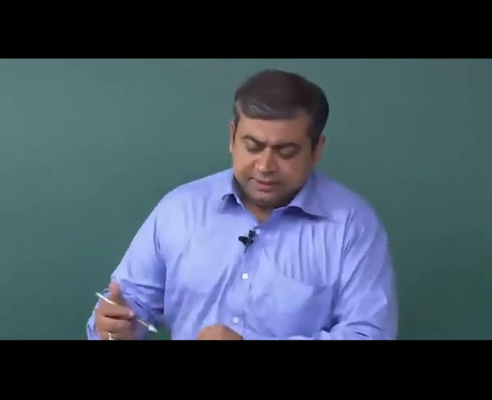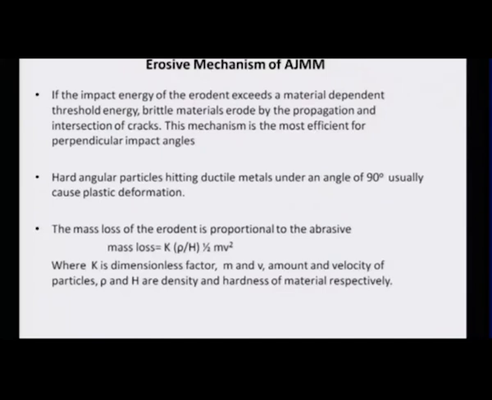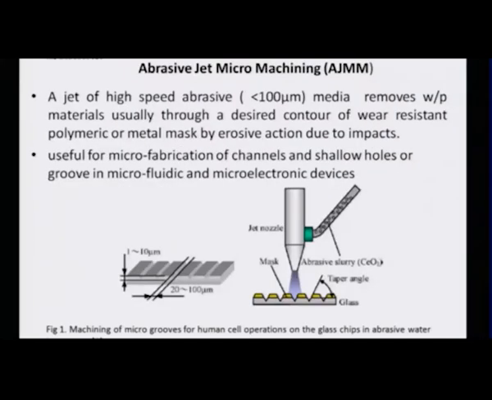So the first example here is actually work done by Matsumura in the year 2011, where he briefly talks about the making of micro channels or micro grooves on the surface of a glass substrate using the abrasive jet micro machining AJMM process.